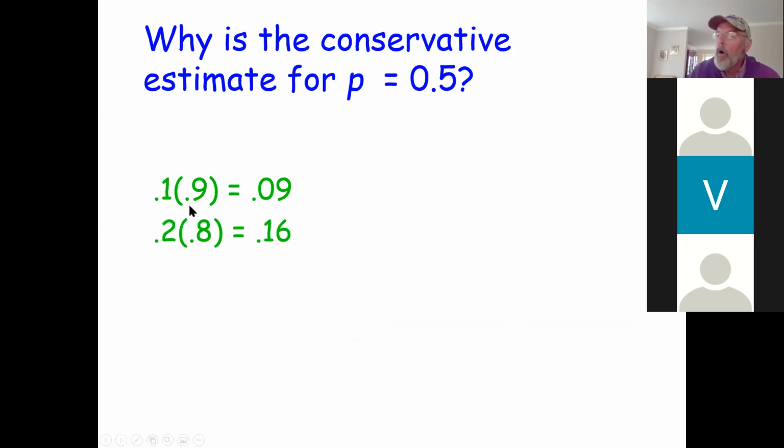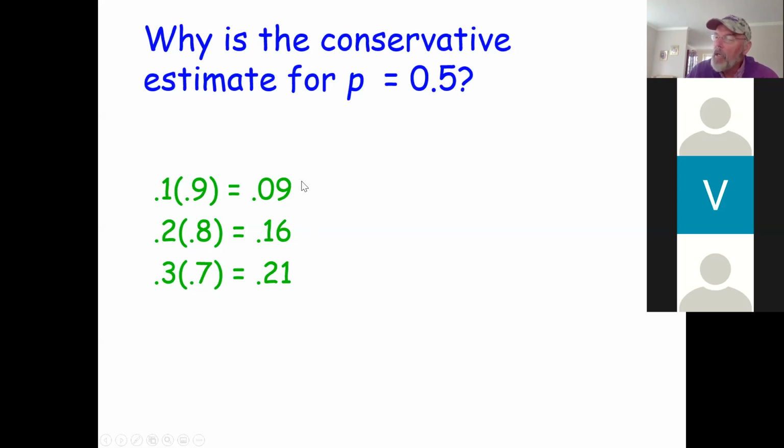And again, if we were to use 0.2 as P, then 1 minus P would be 0.8. If we use 0.3, 0.7 would be 1 minus P, and that would be 0.21.